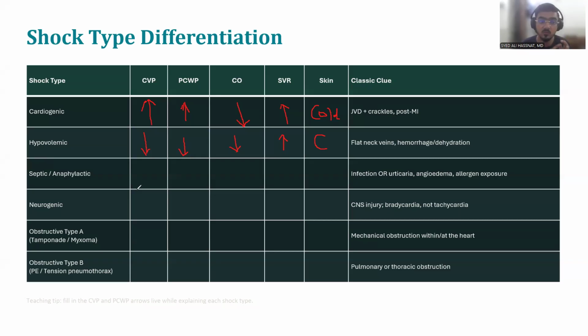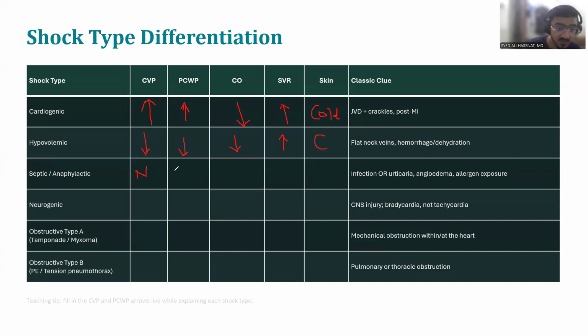So what happens to the central venous pressure in the sepsis? In the sepsis, basically the central venous pressure is mostly normal because there is no blood loss, there is no issue with the heart. So central venous pressure doesn't change.